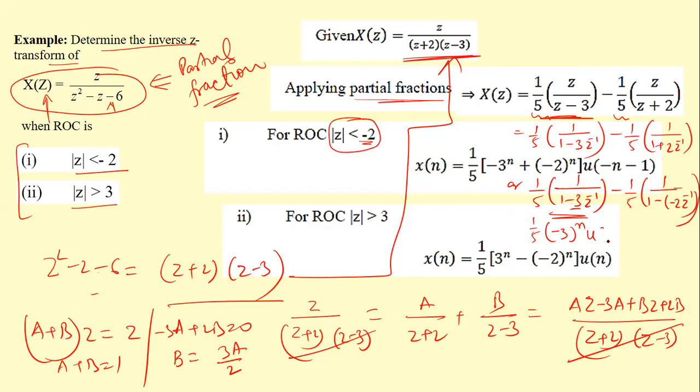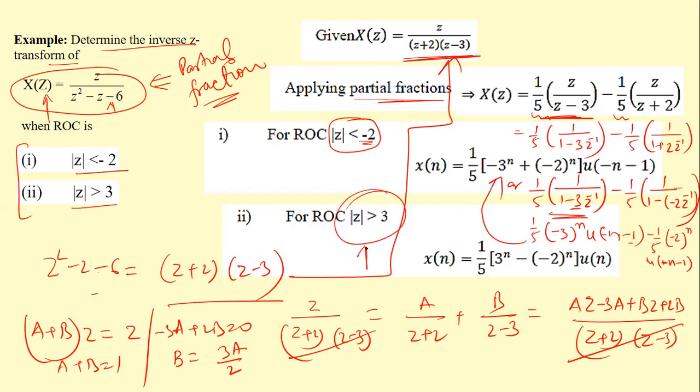So we will have u[-n-1]. Minus n indicates the negative values of the samples, and minus 1 we have taken because it is negatively shifted, right? Then we have minus 1 by 5 into minus 2 raised to the power n, and then u[-n-1], right?